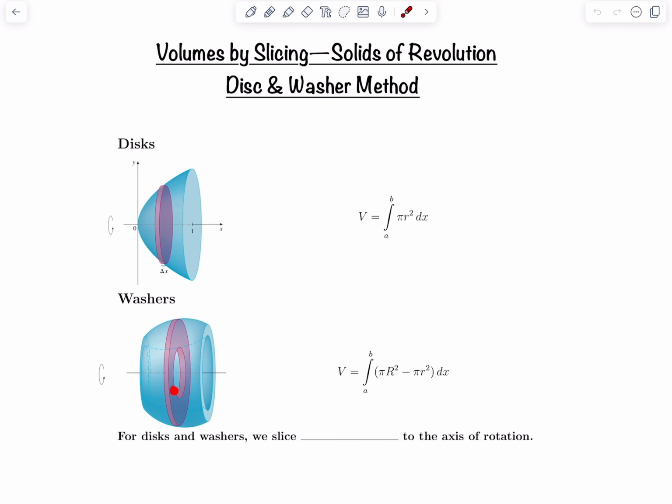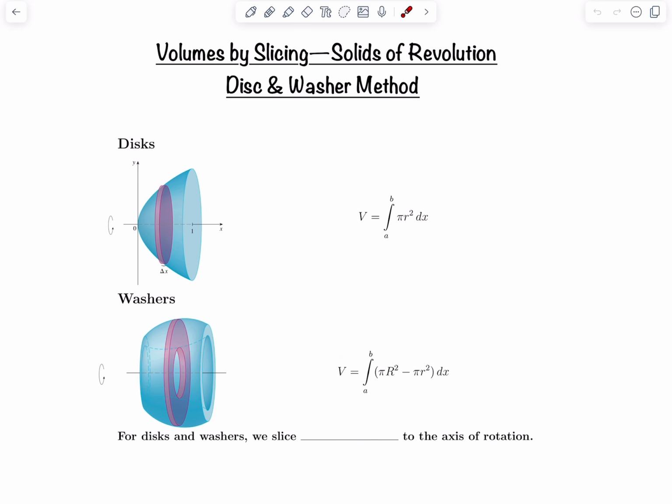So there's this little hole in the middle. So again, same idea. We want to add up the area of all of these washers, but we have to subtract the area of this little baby hole in the middle. So pi capital R squared, that's going to give us the area of the larger circle here. Pi baby r squared subtracts out the middle hole. Hence, this is our washer.